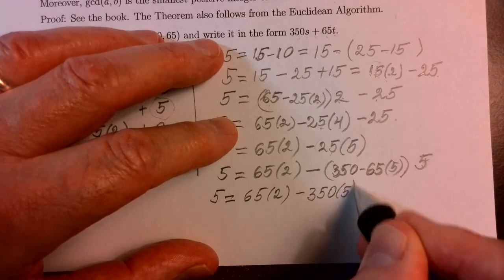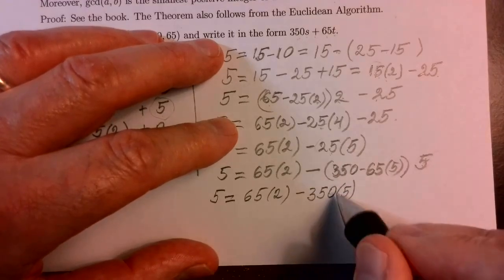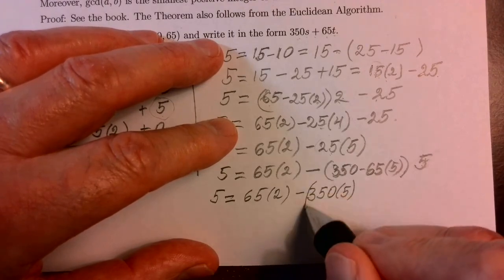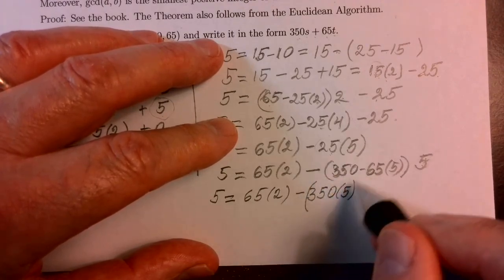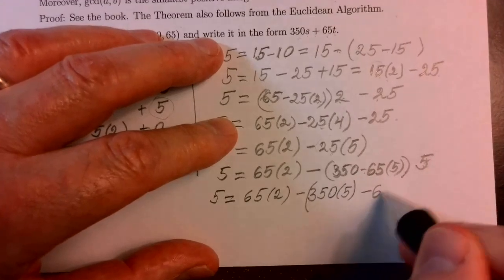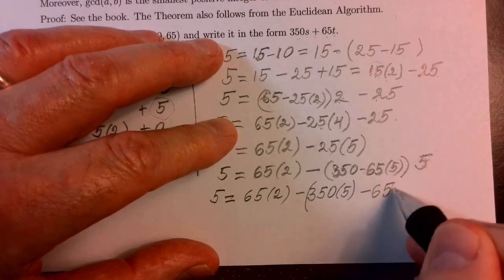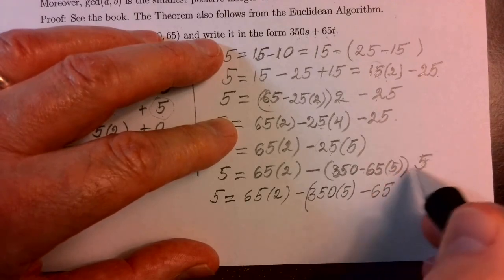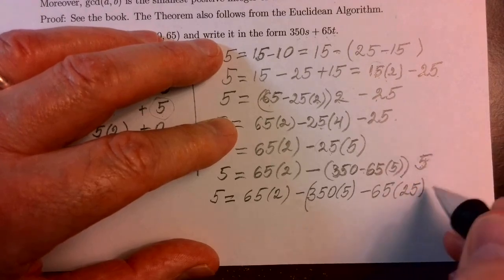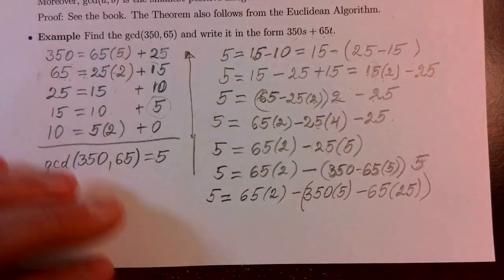So 350 times 5, and then we have parentheses here, minus 65 times 5 times 5 is 25. So we keep 65 as a factor.